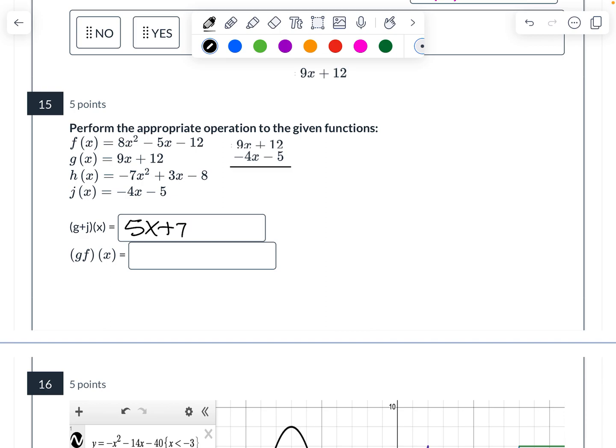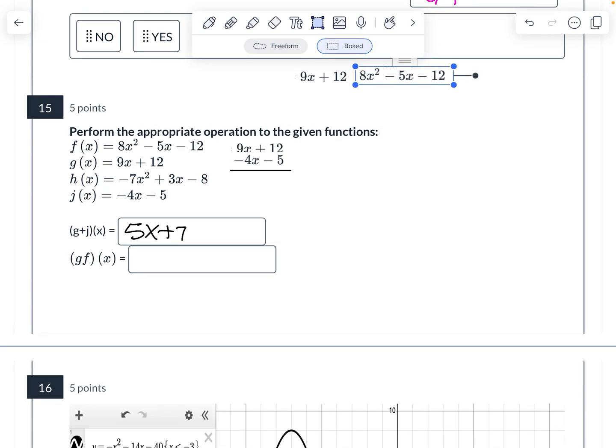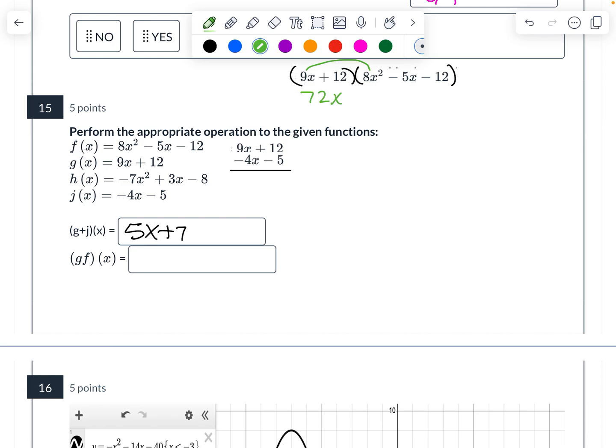All right, the next one is gf. So now I need f. This is f. So I'm supposed to be multiplying these things together. So I'm going to take g and multiply it by f. And I'm going to do this correctly. So I'm going to take 9x times 8x squared, which is 72x to the power of 3. 9x times negative 15, which is negative 45x to the power of 2.